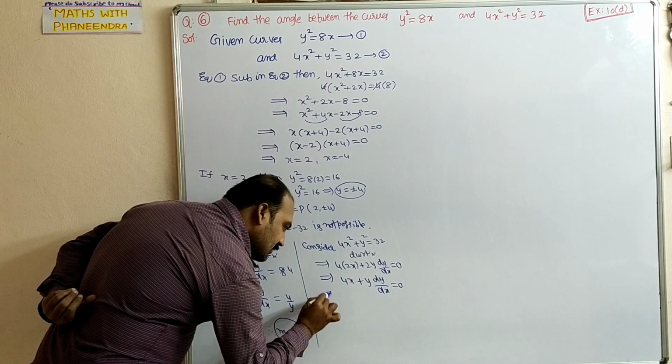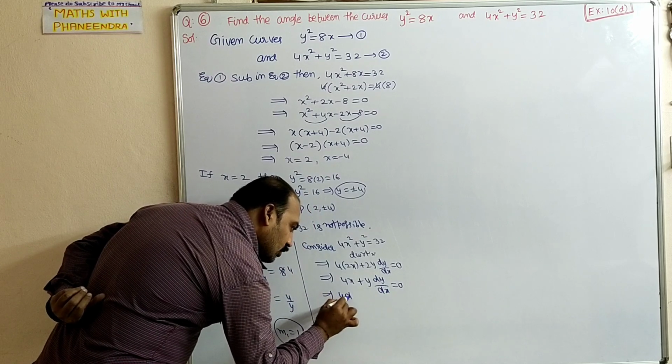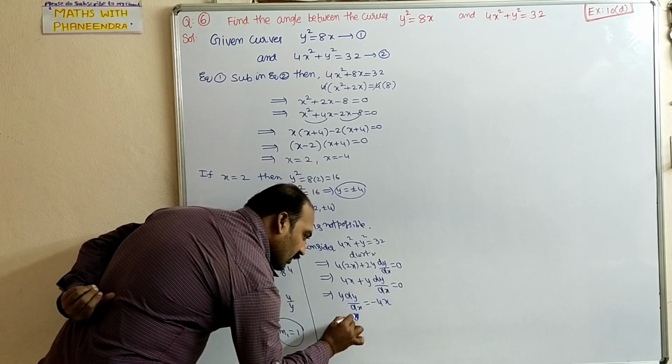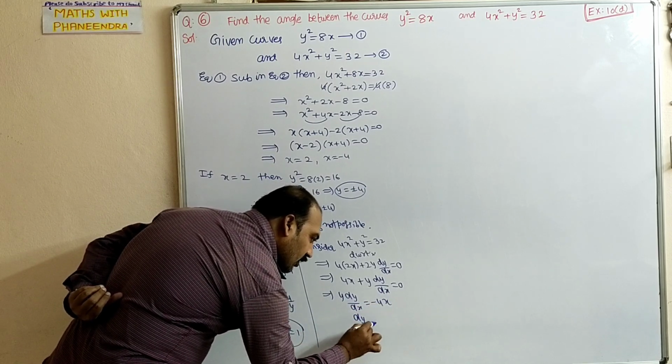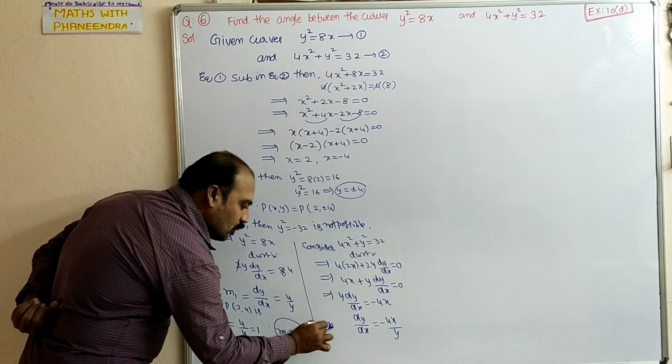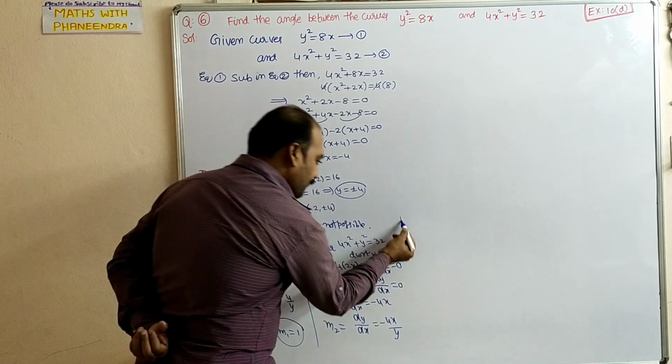So y into dy by dx is equal to minus 4x. dy by dx equal to minus 4x by y. This is the second curve slope, you can assume m2.